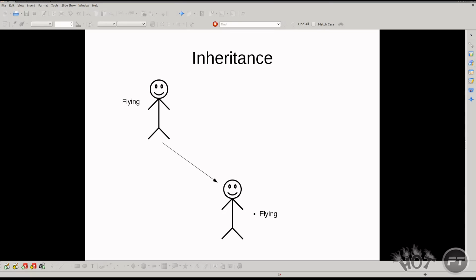Now, the difference between people and programming is that in programming, child objects inherit everything about all of their parents. They don't just inherit specific traits depending on probability. So let's say the other parent has laser vision, and so the child will also have laser vision.